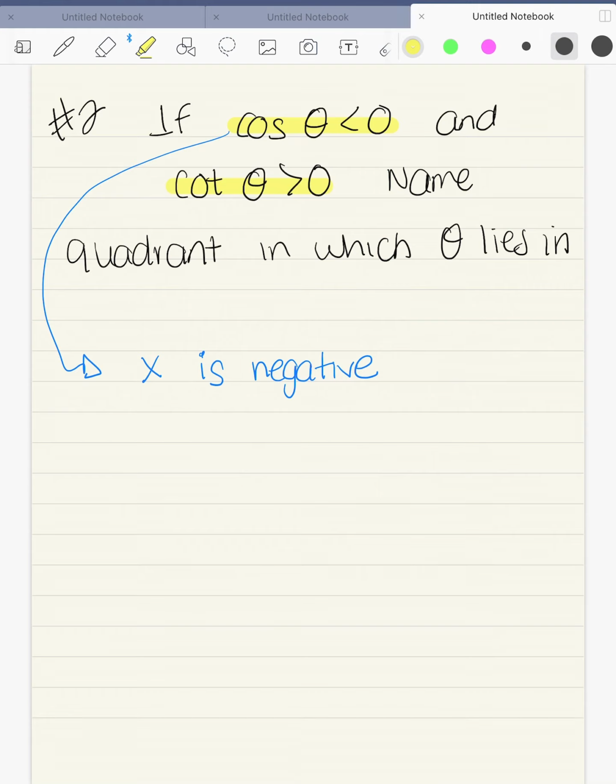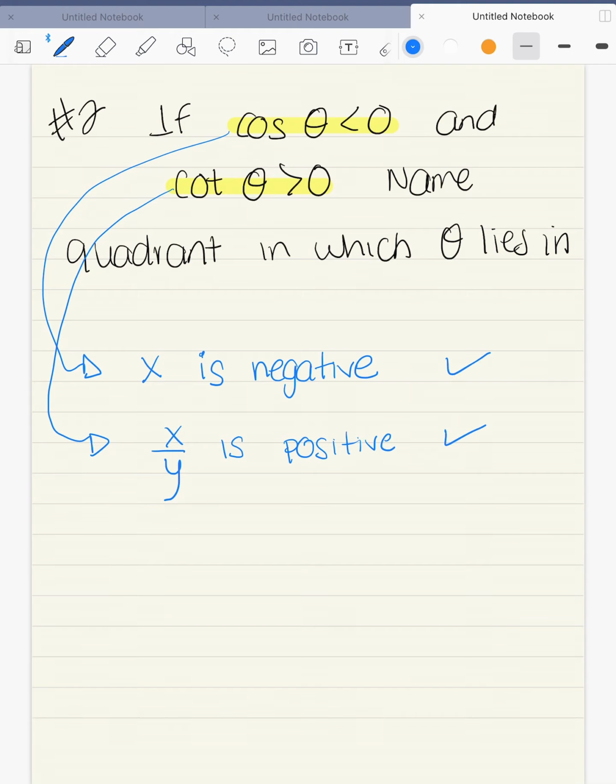Cotangent is greater than 0. Cotangent is x over y, so x over y is positive. This is something that is given. X is negative, but x over y is positive.